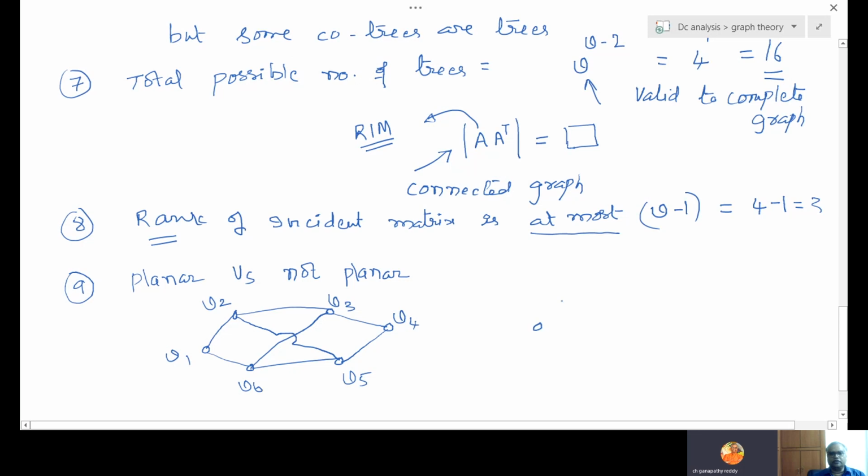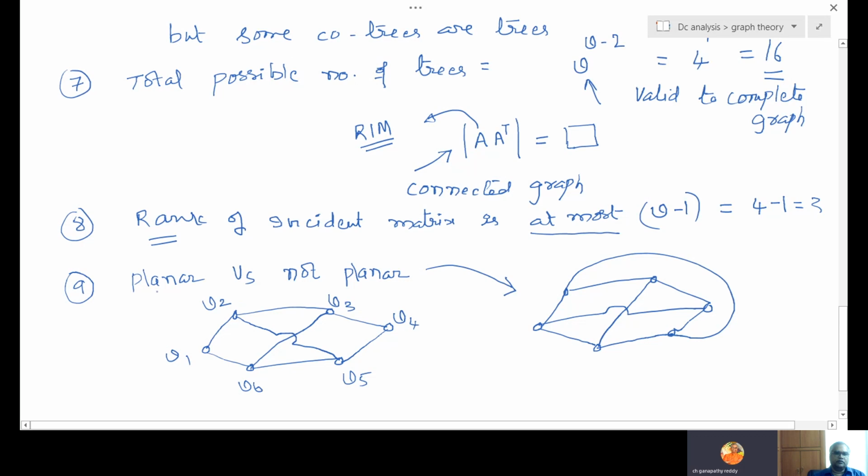What is non-planar is... this is an example of non-planar.